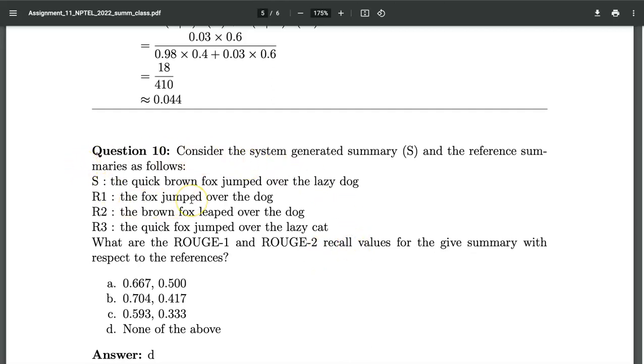If you remember from the lecture, how to calculate the ROUGE score: one summary is given and there are multiple reference summaries.